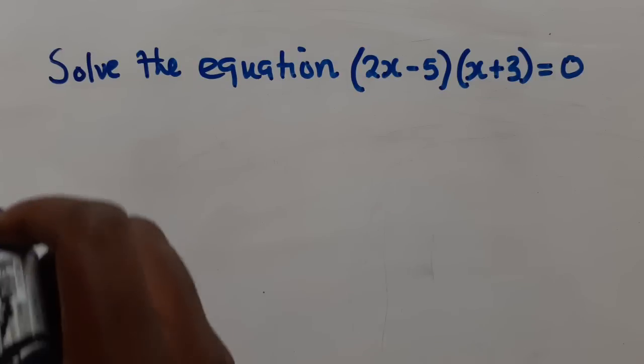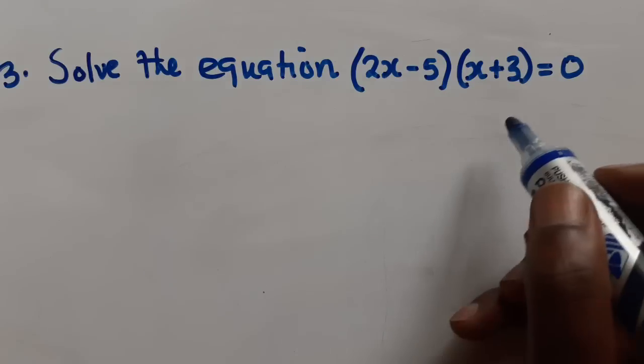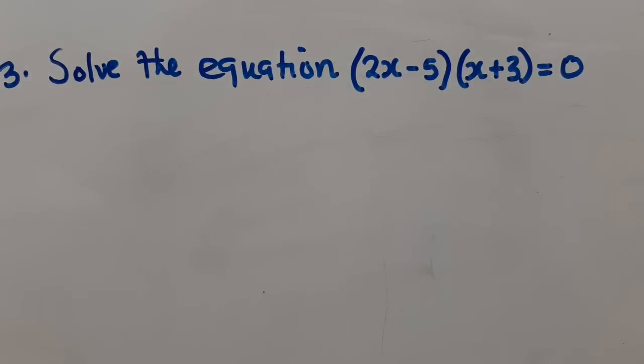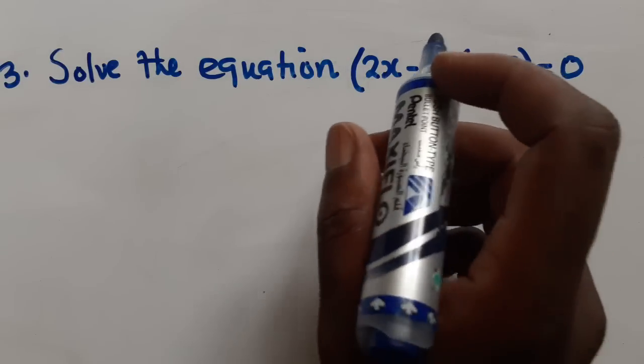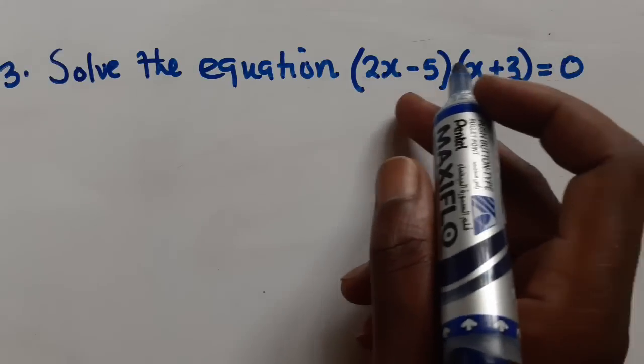So we come to question 3. Solve the equation 2x minus 5 multiplied by x plus 3 is equal to 0. So in this case, what do we see here? We already have 2 factors. It's like we had a quadratic equation and now it's already factorized.